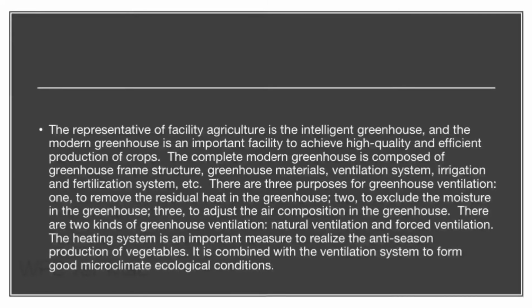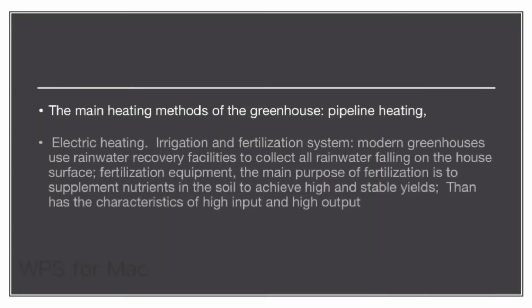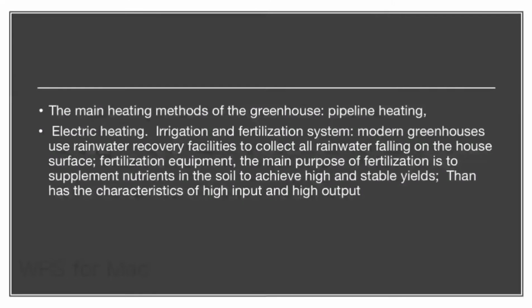A heating system is an important measure to realize the anti-season production of vegetables. It is combined with the ventilation system to form good microclimate ecological conditions. And next, the main heating methods of the greenhouse: pipeline heating, electric heating.